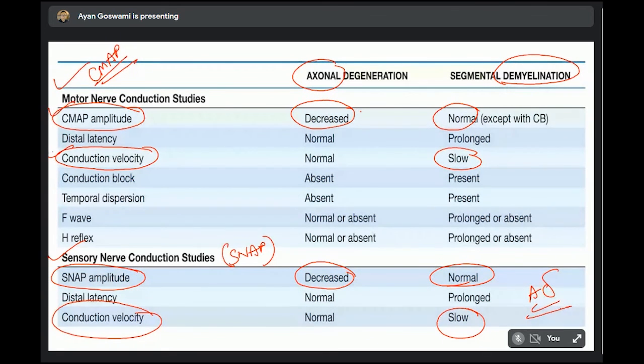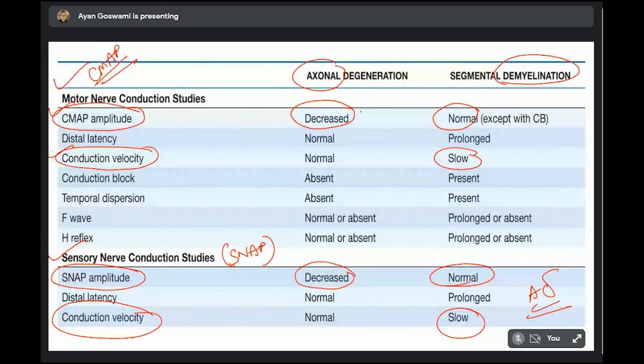And whenever there is axonal damage, the action potential amplitude will be decreased, both peak to peak amplitude and base to peak amplitude, right? And your machine tells you the value, compares it with the normal value, and tells you whether amplitude is high or low, whether velocity is high or low. Clear? Yes, sir.